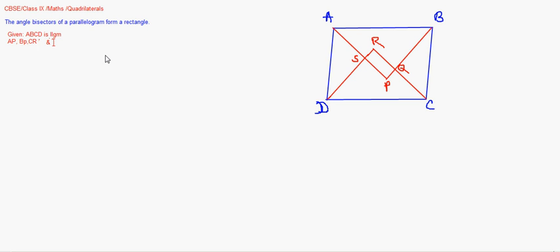And CR and DR are bisectors of the angles. We have to prove here that PQRS is a rectangle.